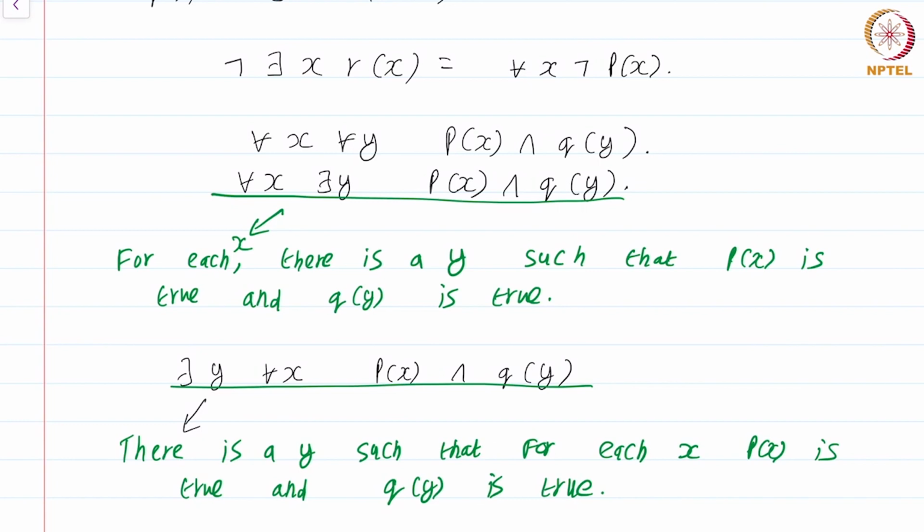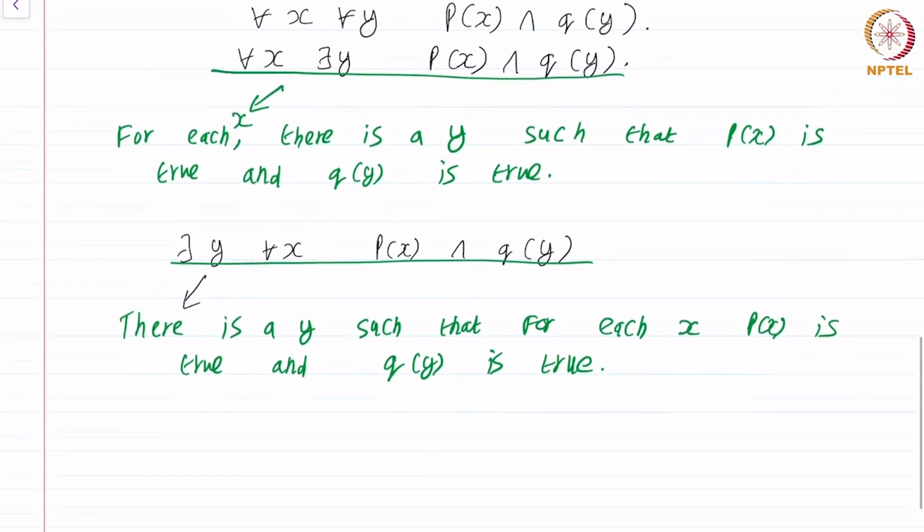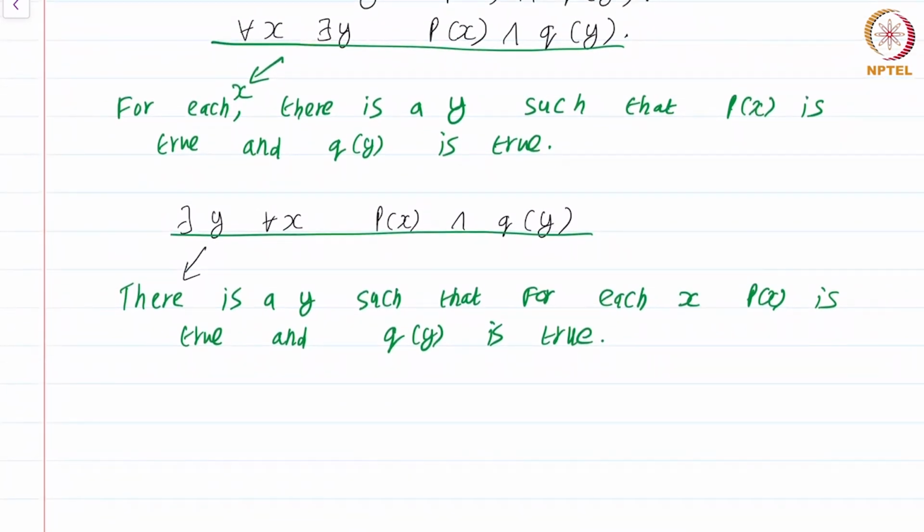This statement is far stronger than the previous statement, where all that is required is that for any particular choice of x, you can find a y such that p of x is true and q of y is true. Consequently, when you negate such complicated statements, you have to take into account the order of the quantifiers. The order of the quantifiers is very important.